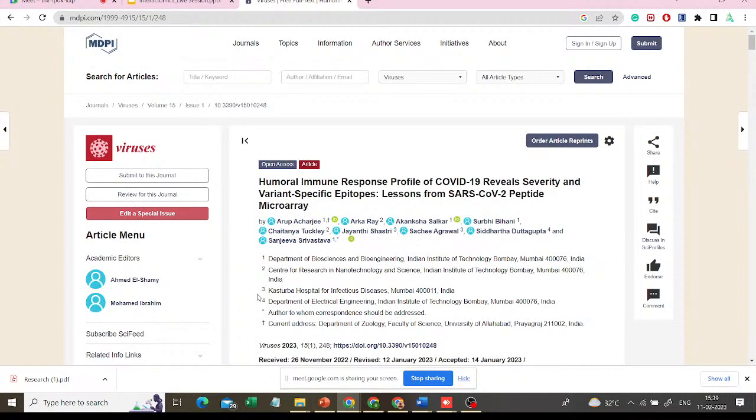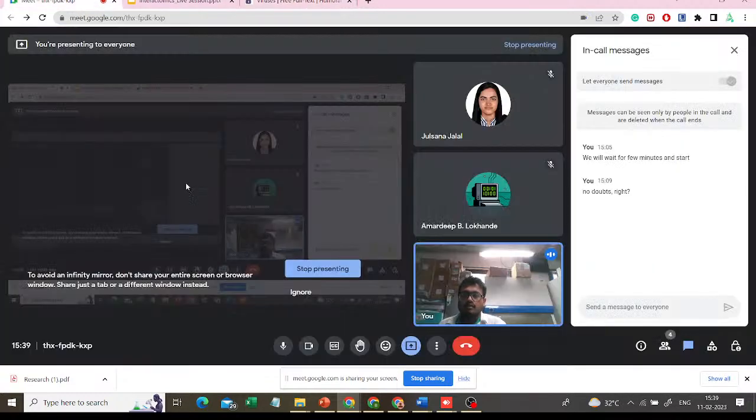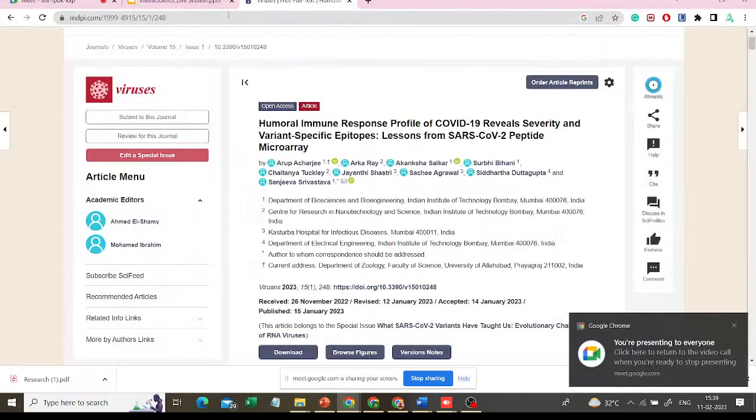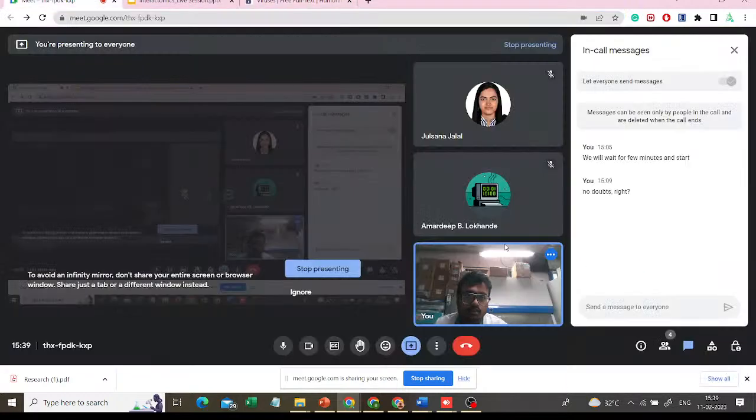So you can see that here with the microarray you can understand the different epitopes of a particular proteome, and then you can design vaccines against that particular region.